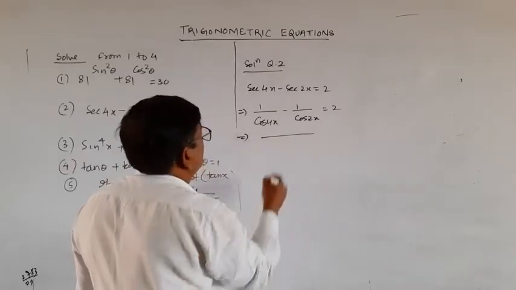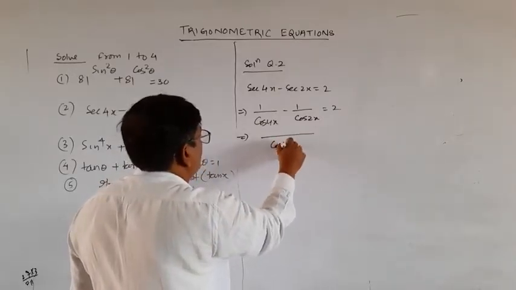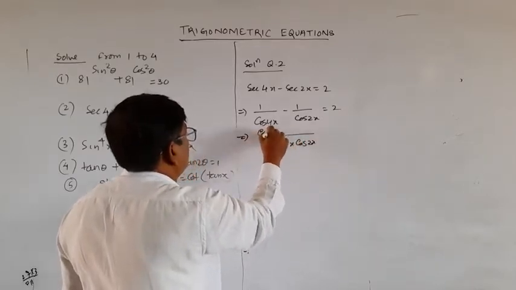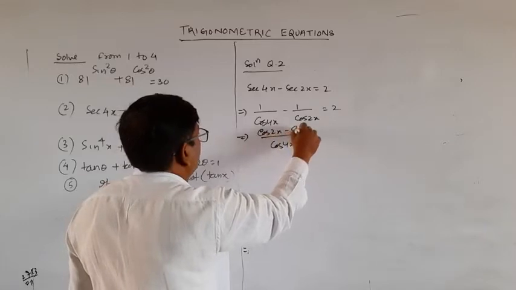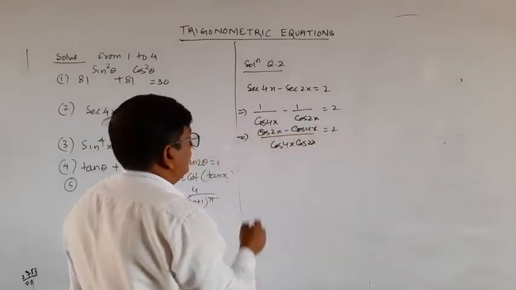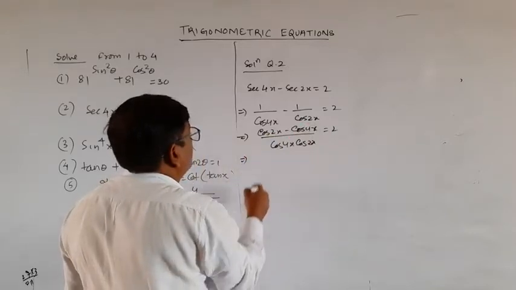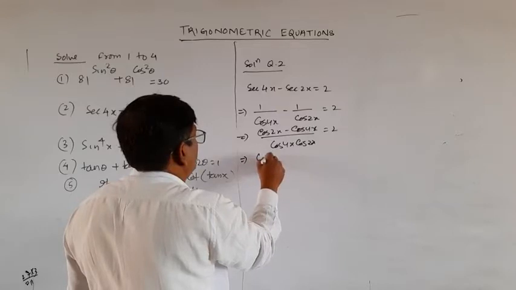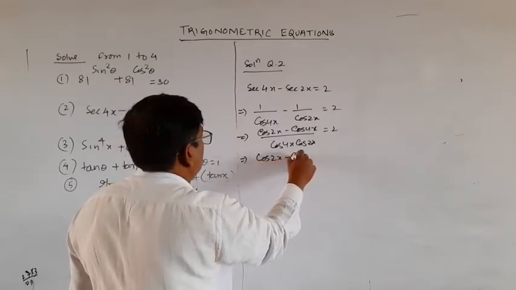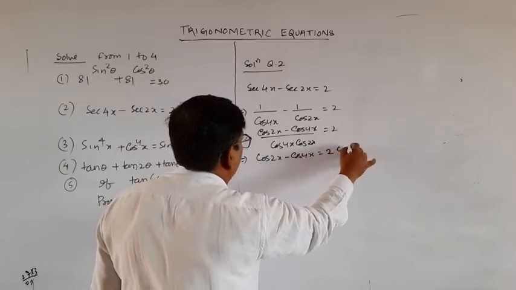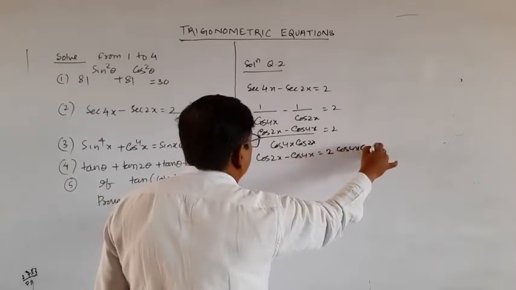So cos 2x minus cos 4x is equal to 2 cos 4x into cos 2x.